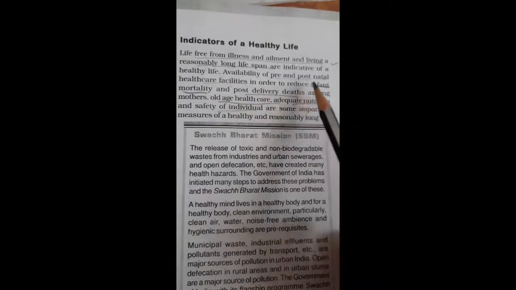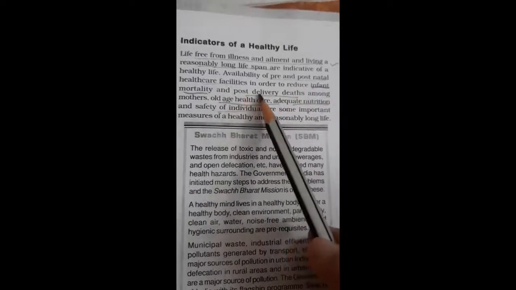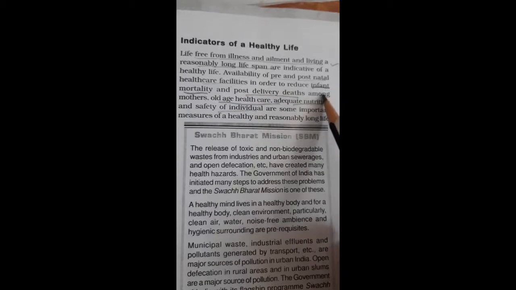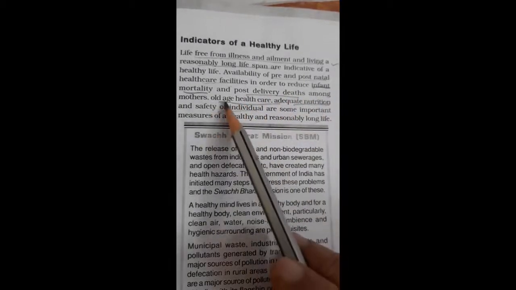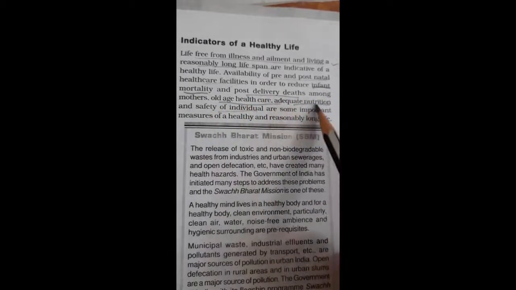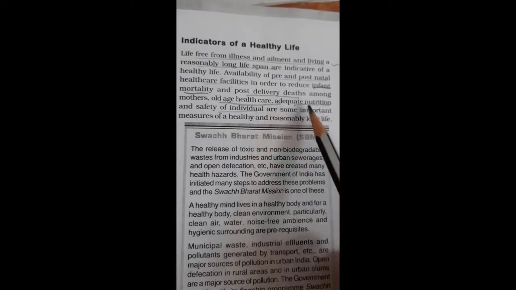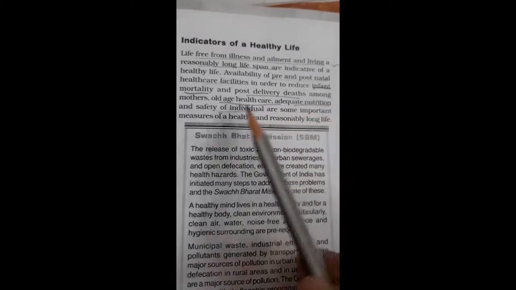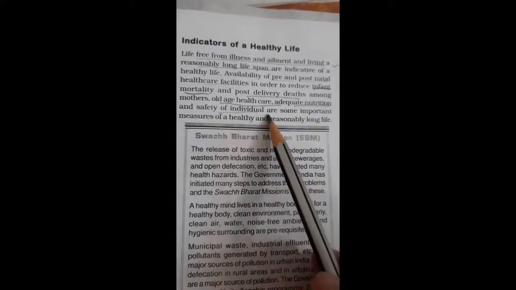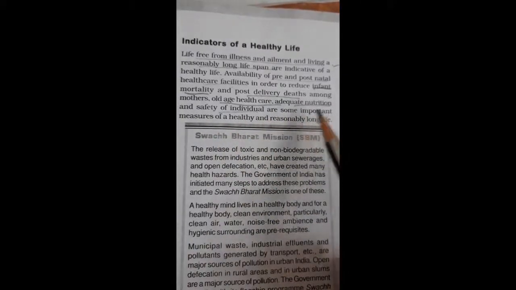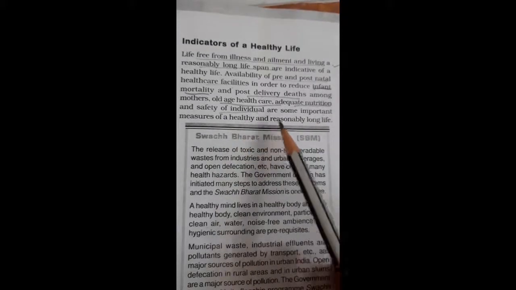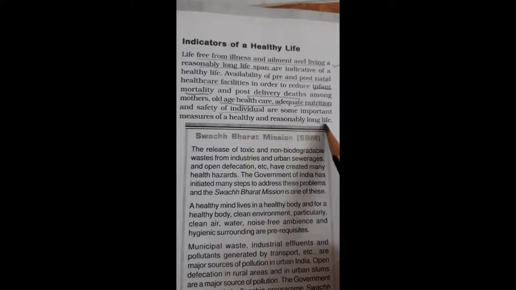Availability of pre and postnatal healthcare facilities in order to reduce infant mortality and post delivery deaths among mothers, old age health care, adequate nutrition, and safety of individual are some of the important measures of a healthy and reasonably long life. The important things क्या है?